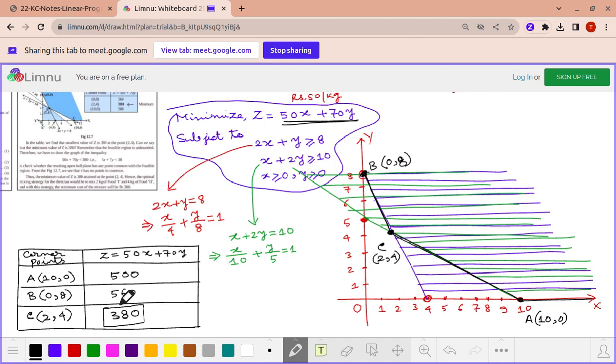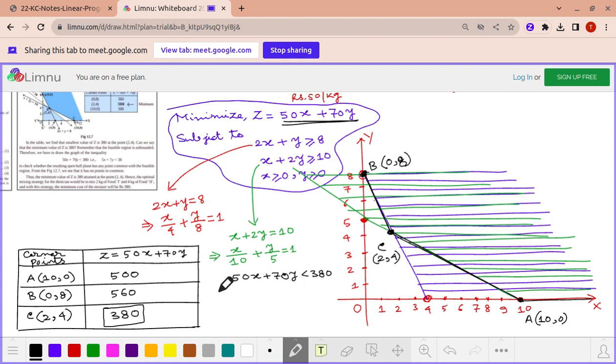We need to do something extra. And what is that something extra? For that, we need to bring in another inequality. That is the objective function, so I am writing it here, 50x plus 70y, that should be less than the least value we got, 380.